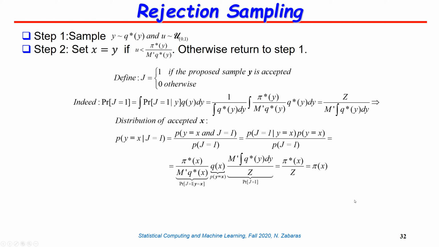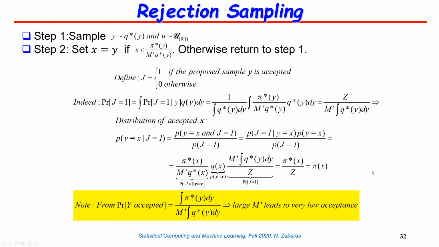So the probability of x, given the fact that I accepted x, turns out to be pi of x. All right. So effectively, if x is accepted, x is a sample that comes from the true distribution of interest, pi of x.